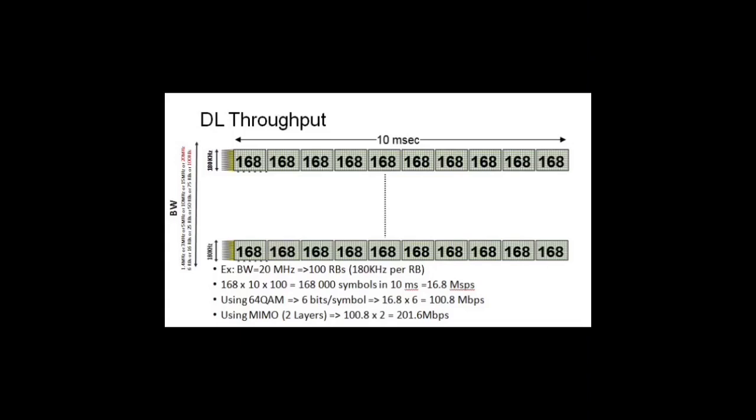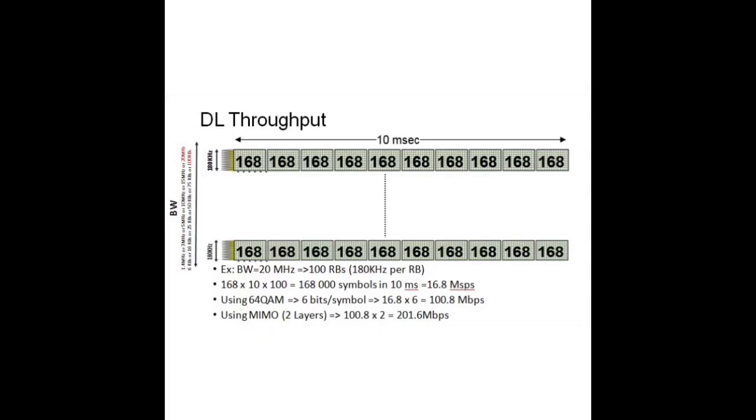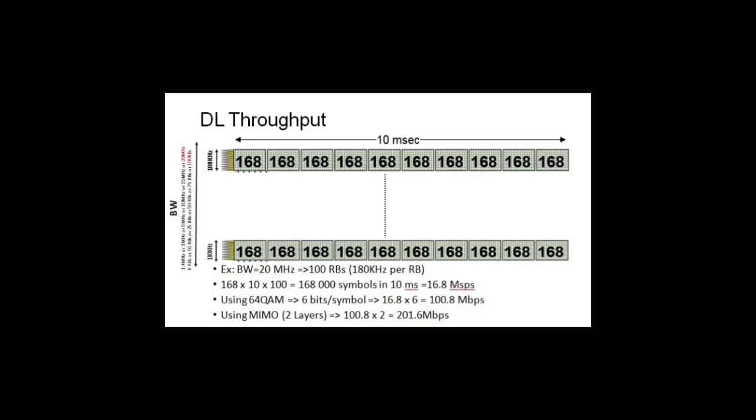So we have 168 symbols times 10 subframes times 100 resource blocks equals 168,000 symbols in 10 milliseconds. So in 1 second it will be 16.8 megasymbols per second.